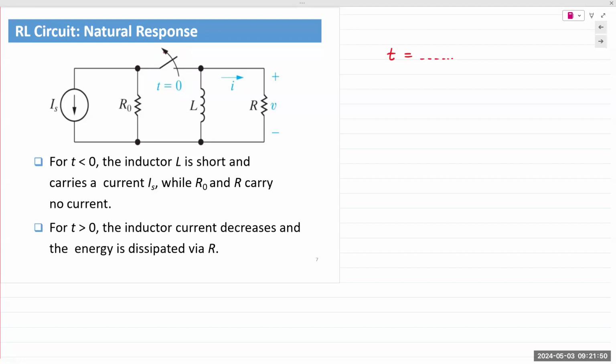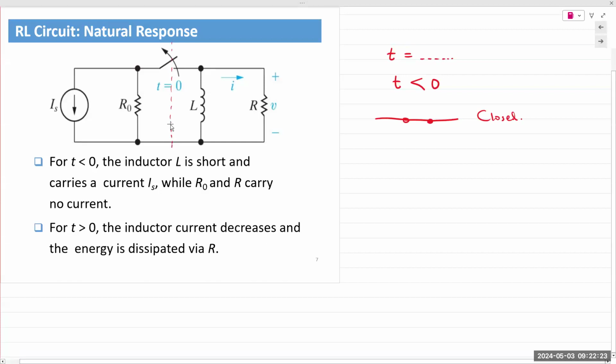What it is indicating is that at time t equals 0, the switch is flipped open. Okay. So that means you have to infer that for time t less than 0, the switch was closed. Okay, the switch was closed. And at time t equal to 0, the switch is flipped open. When the switch is flipped open, the circuit breaks.